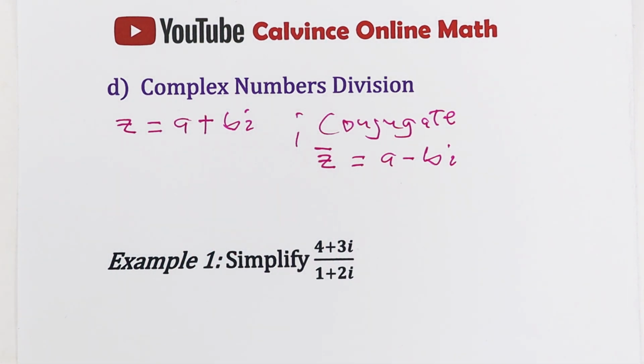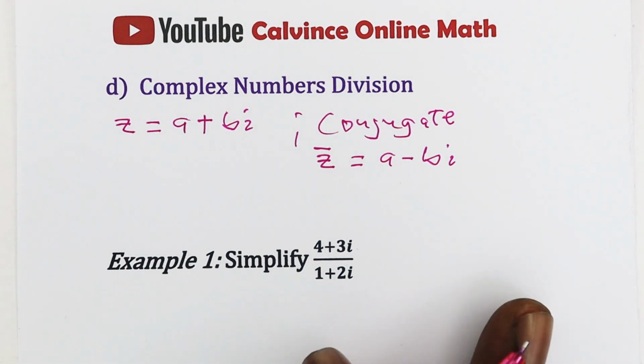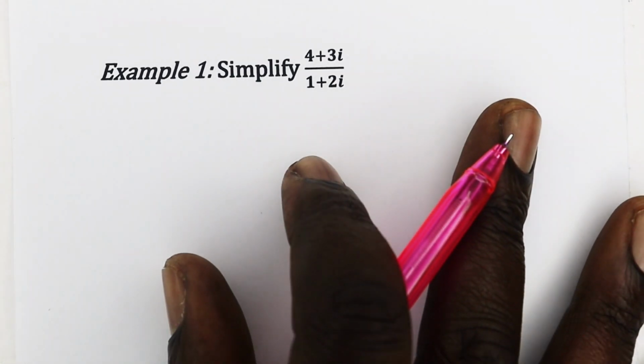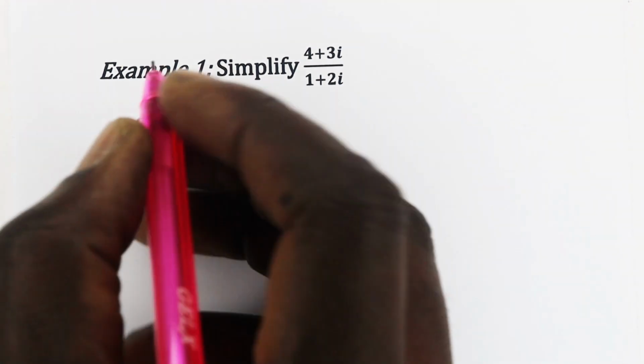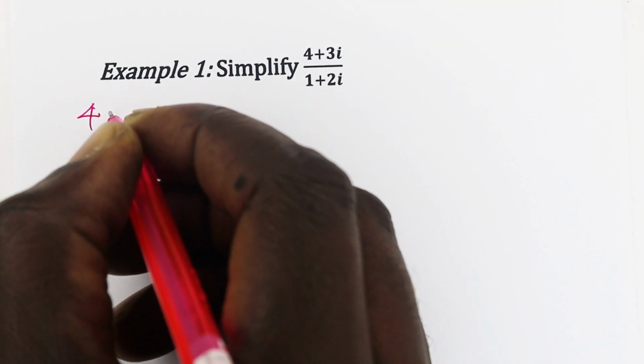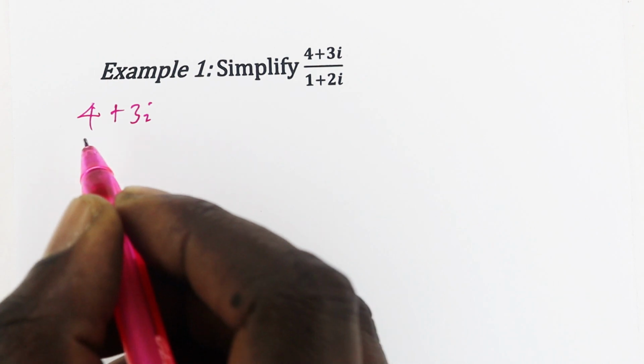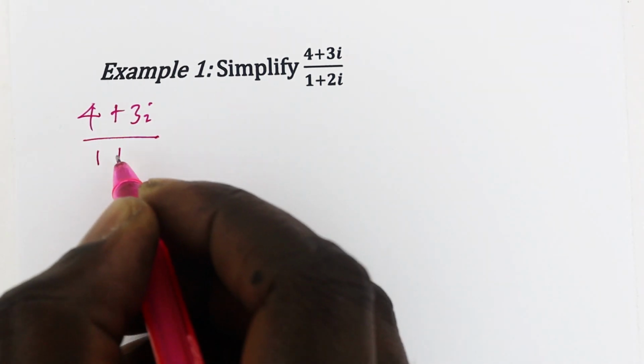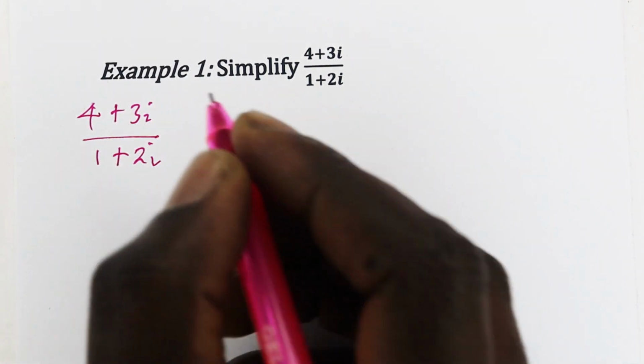So let us see how we apply this in dividing two complex numbers. Let us look at this example. Simplify 4 plus 3i over 1 plus 2i.